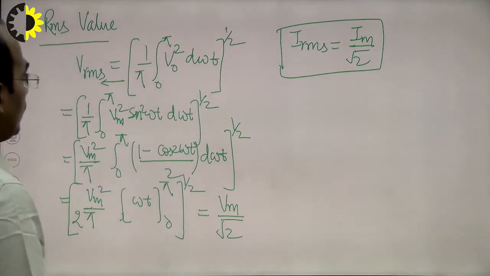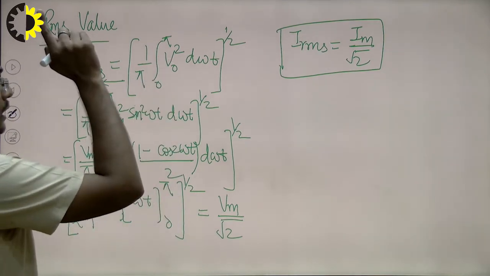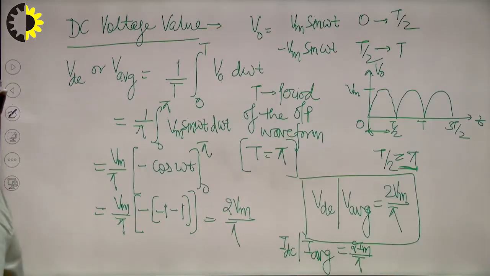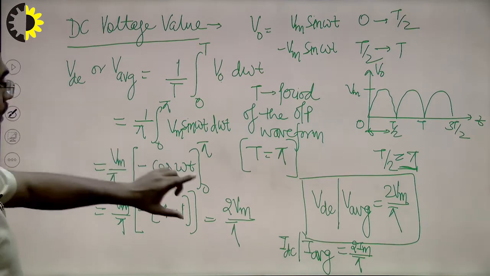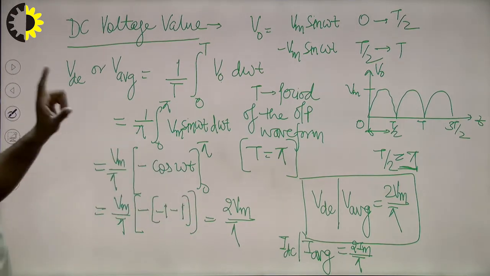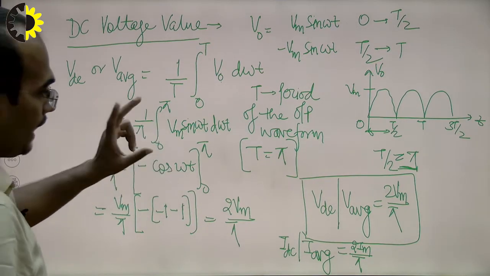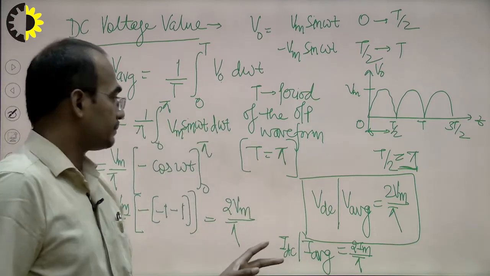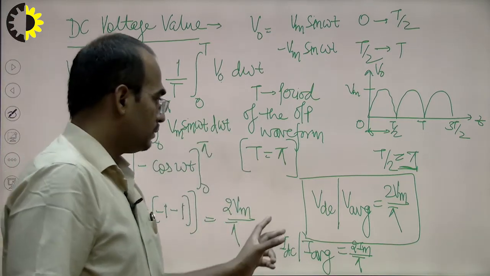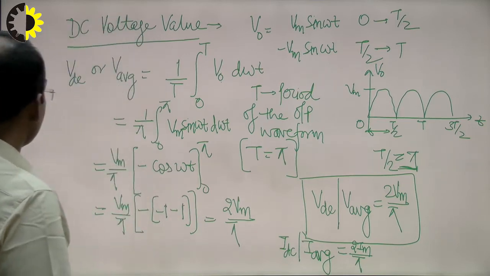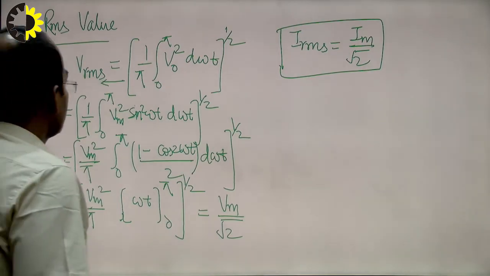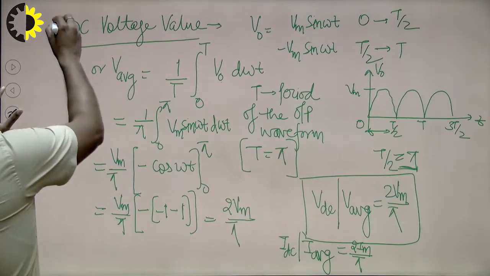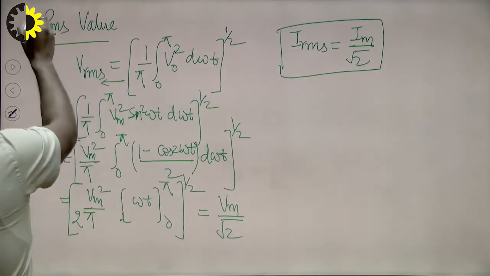The RMS value and DC value that I have found here are the same for both the bridge full wave rectifier and the center tap rectifier.